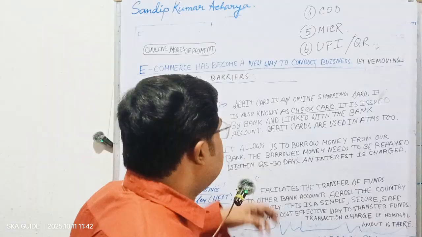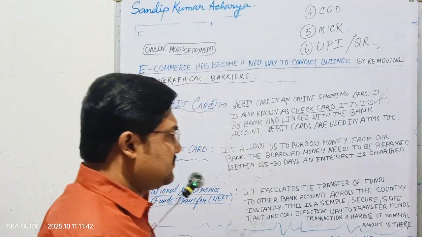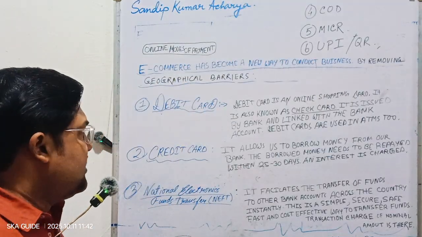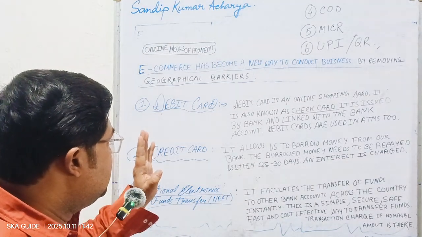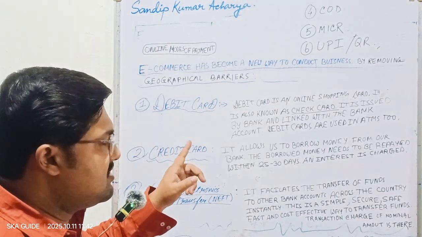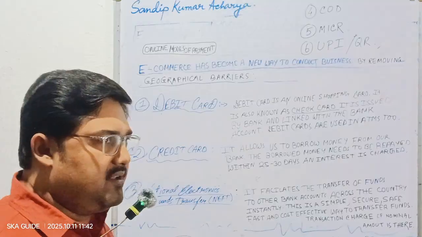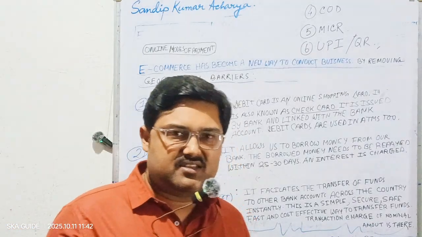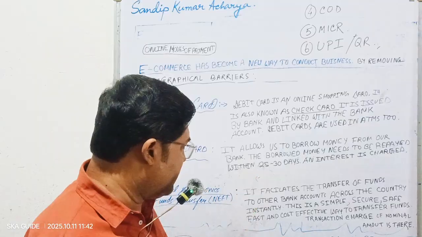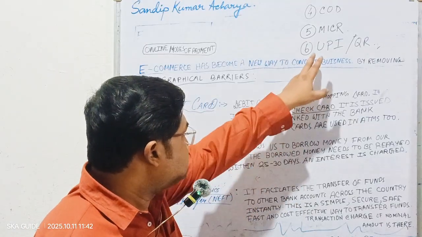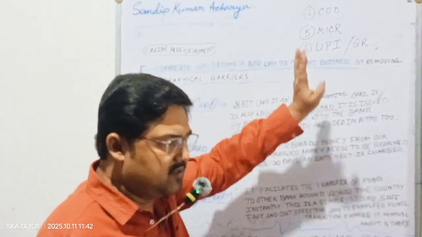Then it is MICR. So what is MICR? MICR is magnetic ink character recognition. On a bank check, there is a number written in this system, which is magnetic ink character recognition.